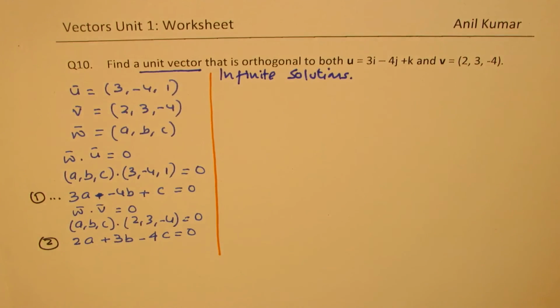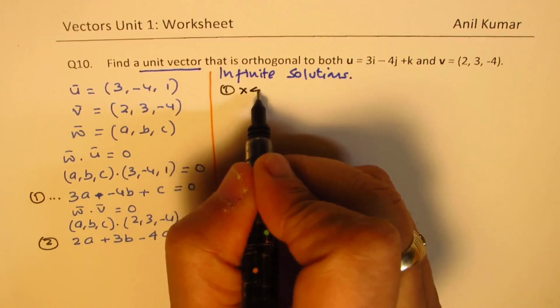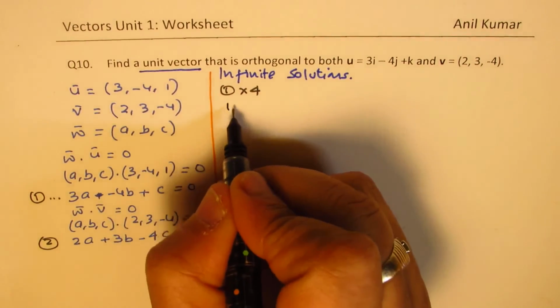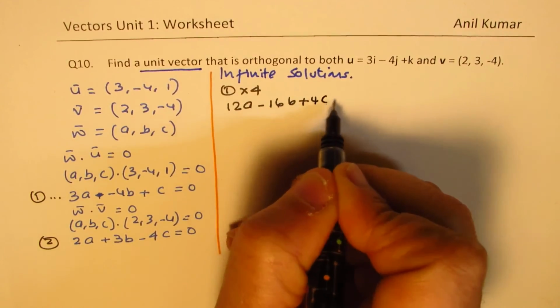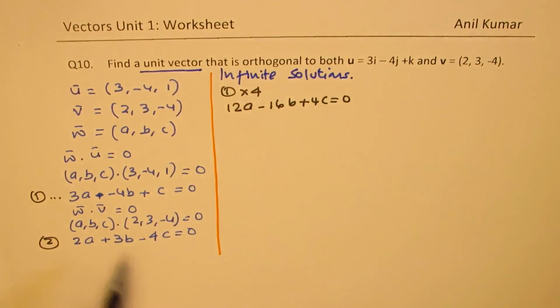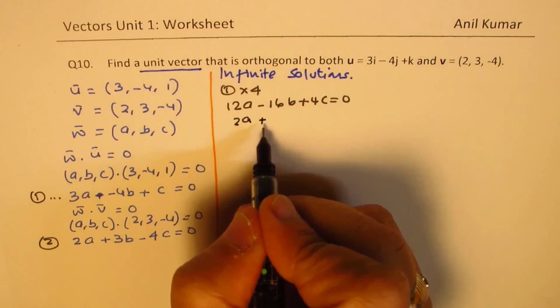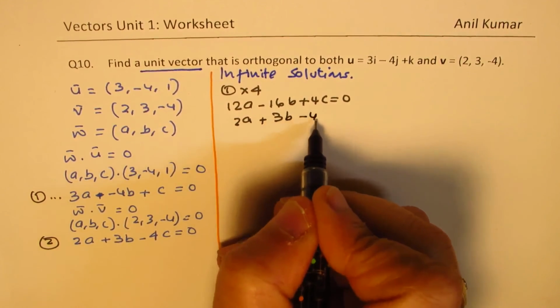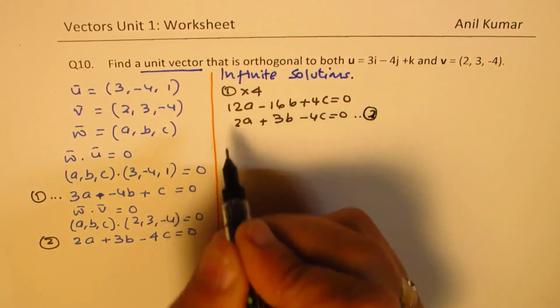To solve these two equations, we need to eliminate, right? So we will do equation 1 times 4. We can write this as 12a minus 16b plus 4c equals 0. And then equation 2 is 2a plus 3b minus 4c equals 0. This is our equation number 3, right?